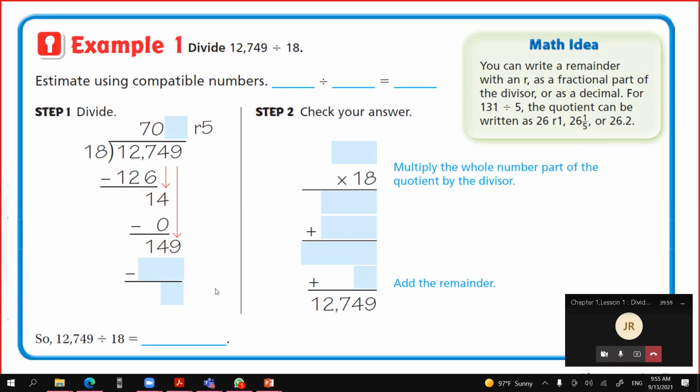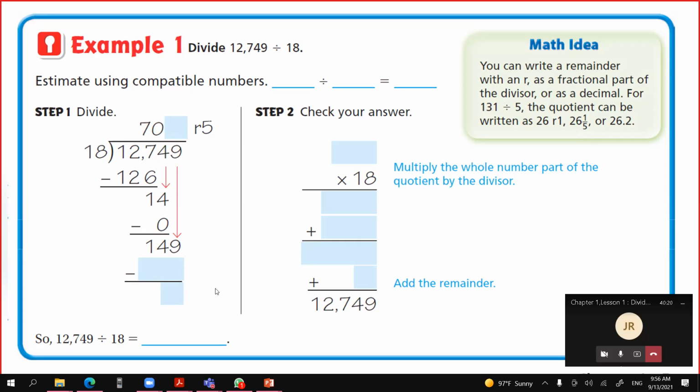The first step you have to do is estimate the divisor, then estimate the dividend, then divide them. The answer gives you a quotient. Take the first digit from the quotient and get it back to the question. It's the idea.